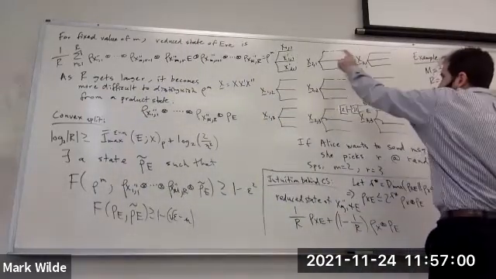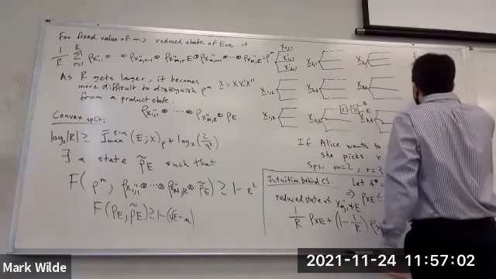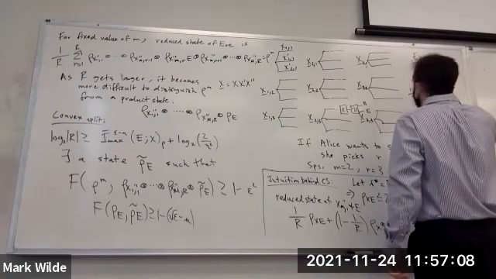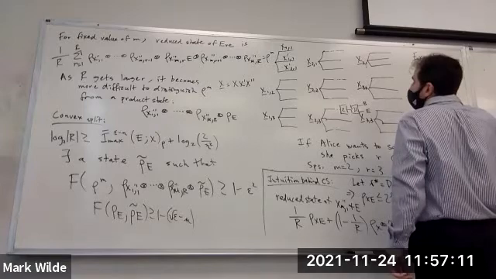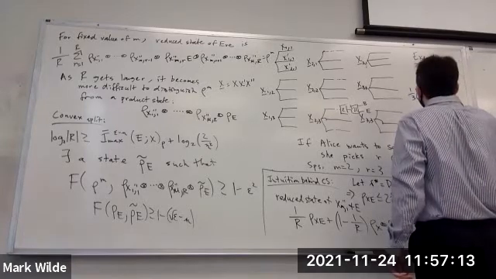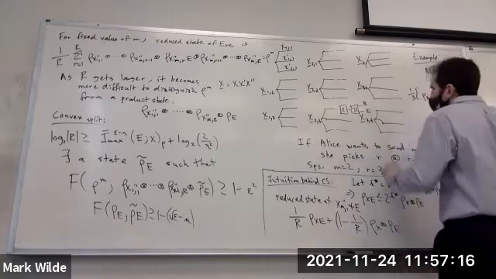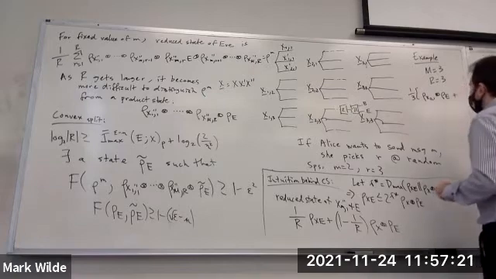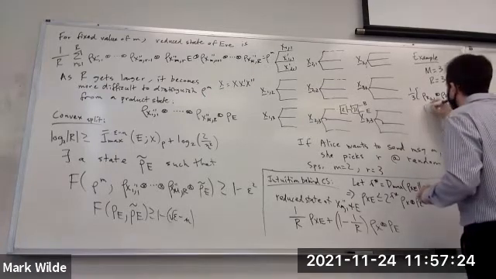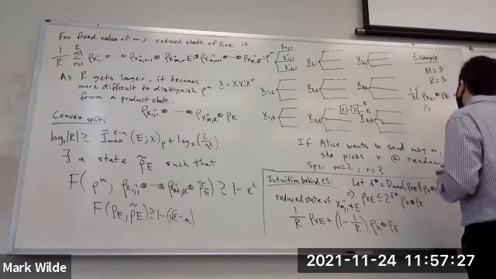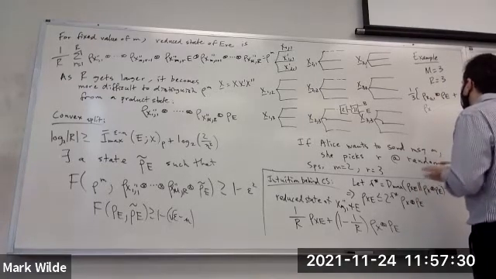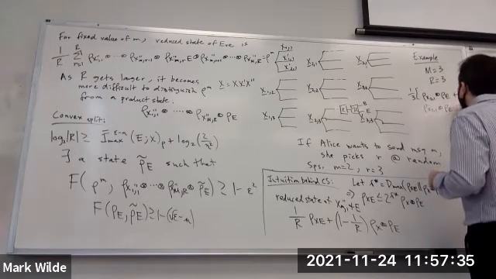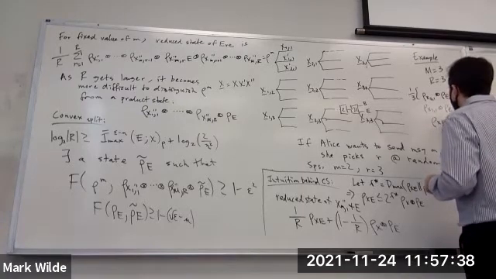So overall, for this example, the state will be 1/3 rho x to 1 tensor rho e, plus rho x, and then the products, and then the correlates.